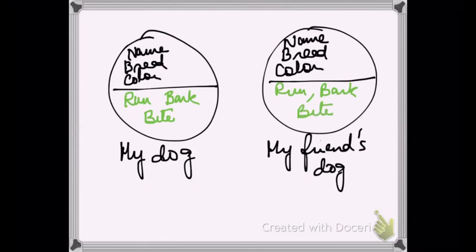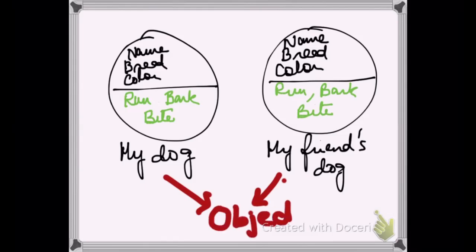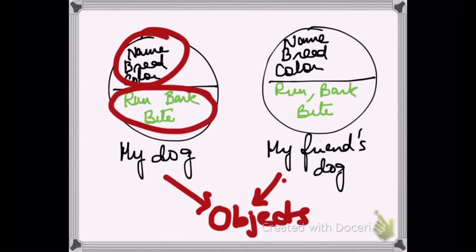So now we can say that both my dog as well as my friend's dog are objects, because my dog exists in real life. It is an entity in real life. It is described by these features and by these actions that it can perform.